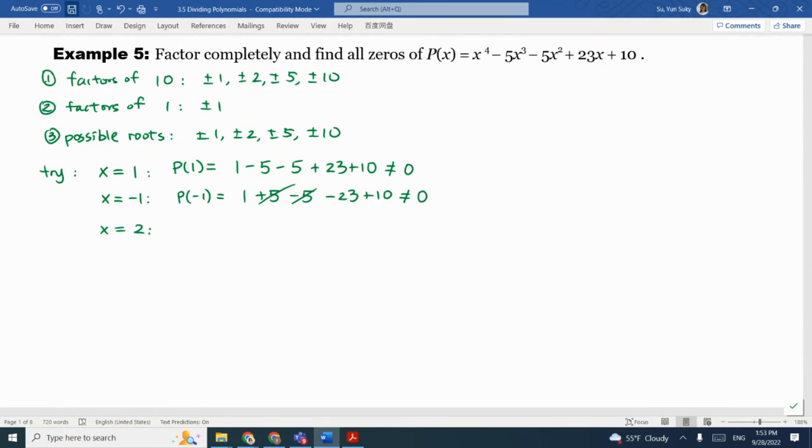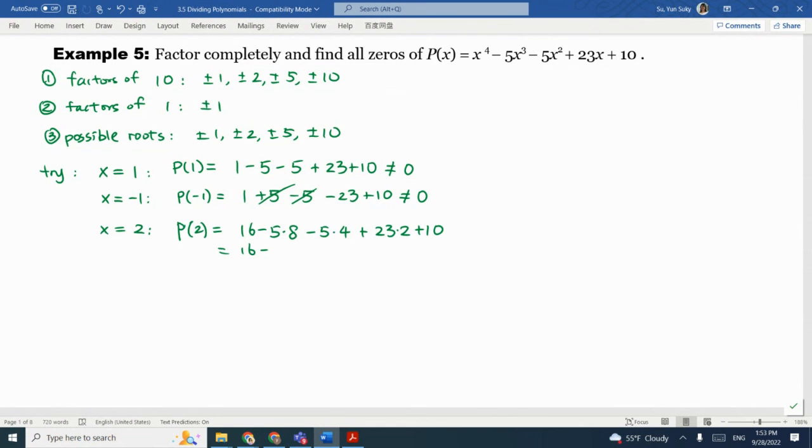And what's the degree? Degree 4. How many roots do we need to find using the rational zero theorem? 2. Yes. So we keep going. Plug in 2. What's 2 to the 4th? 16. What's 2 cubed? 8. 2 squared? 4. Okay, 16.